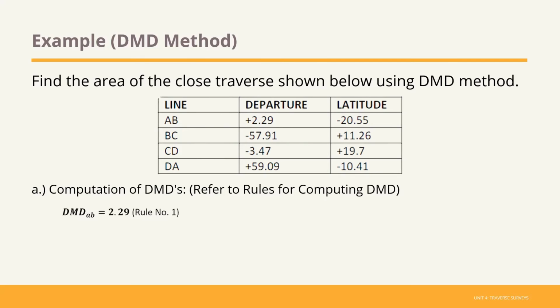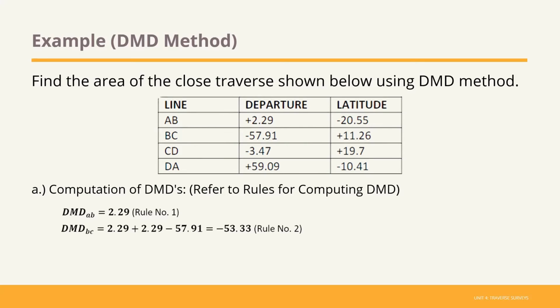The first DMD, or the DMD of the line AB, is just equal to its departure, as stated in rule number 1, which states that the DMD of the first course is the departure of the course itself. The departure of line AB is positive 2.29, so its DMD is also 2.29.